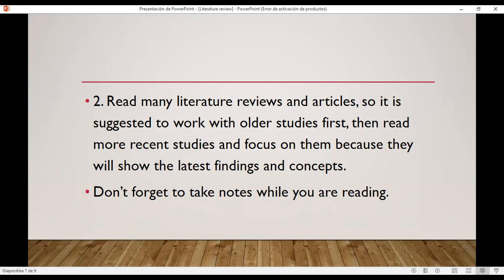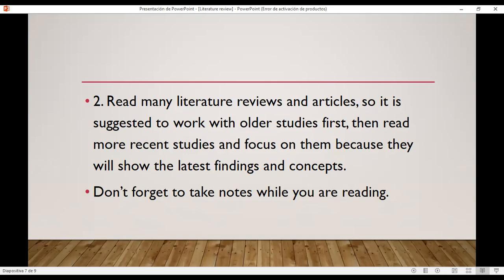So then we have 5 years. Where you are going to start? With articles that were published in 2019, and then you continue with the recent years, okay? The recent studies. And then you can organize in that way.